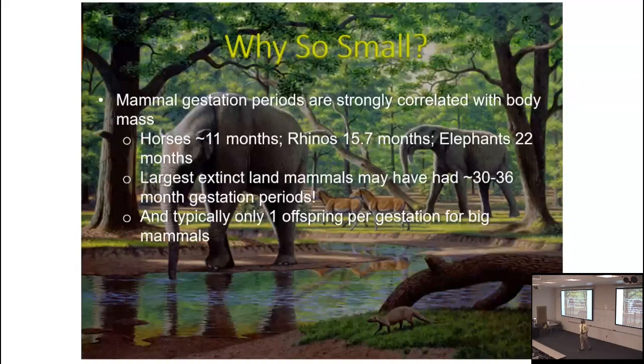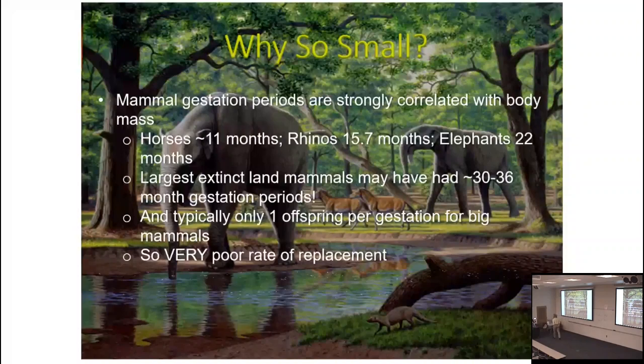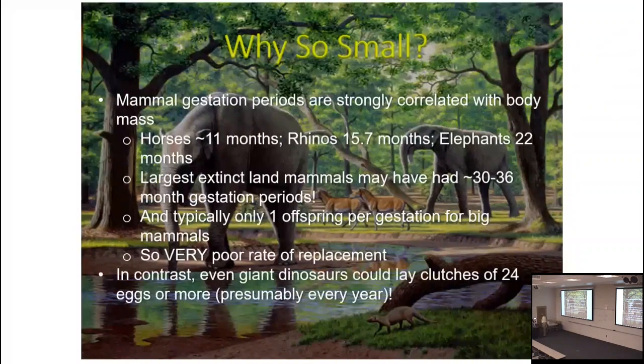Also, because evolution works by the sorting of variation in a population, you don't have a lot of variation around. So big land mammals may be putting themselves evolutionarily in a bad position where it is very hard to adapt to changes. In contrast, even titanosaurs the size of a herd of elephants are putting out clutches of 24 a year or so.